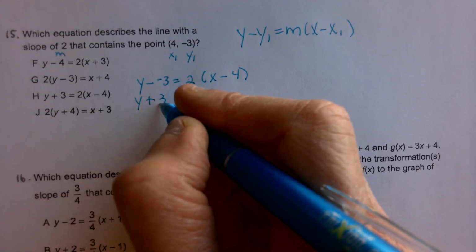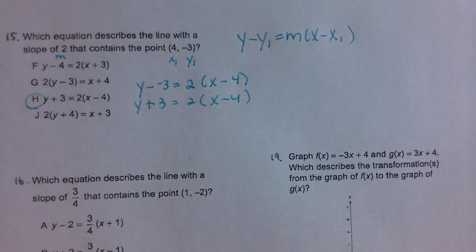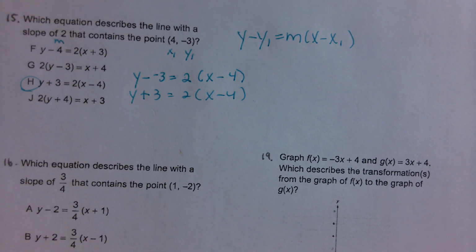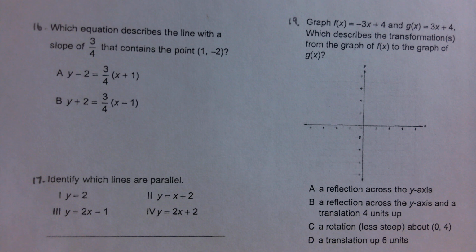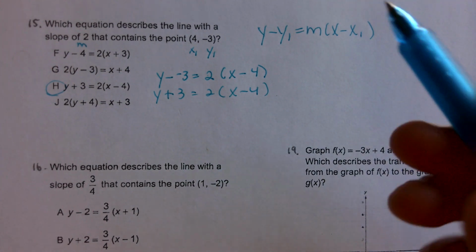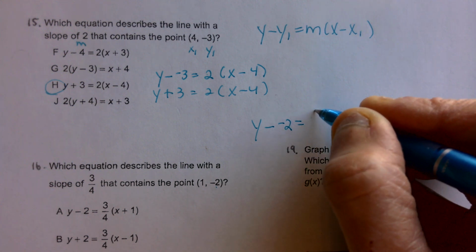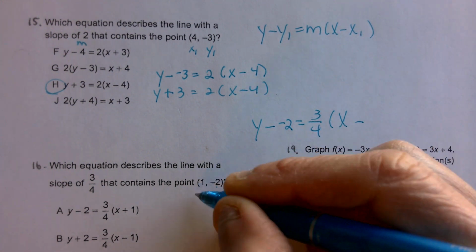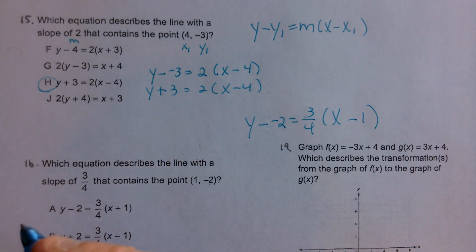That's a plus, right? So there it is. And the next one, which equation describes the line with that slope and that point? We're just popping those into that same equation up there. So y minus the y equals the slope times x minus the x. The one where this becomes a plus, so it's B.